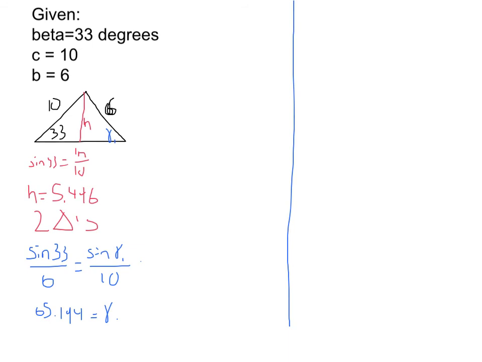And so in my second triangle, which will be an obtuse triangle, gamma 2, which will be right down here, should equal 180 minus what I just found, which was 65.194. And so when I do that subtraction to get my gamma 2, I get 114.806. And now again, I have two separate triangles, and I'm just going to proceed with each of them separately.